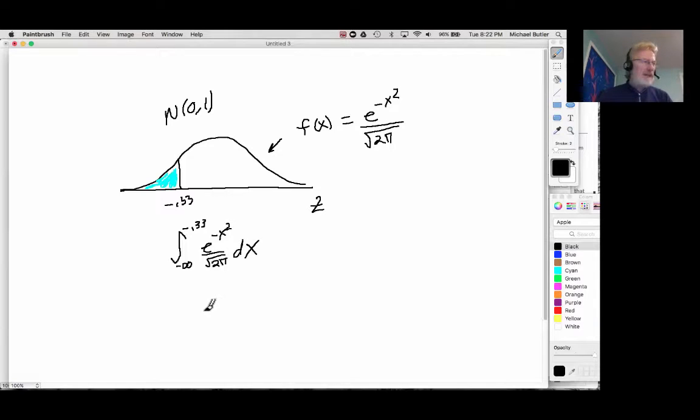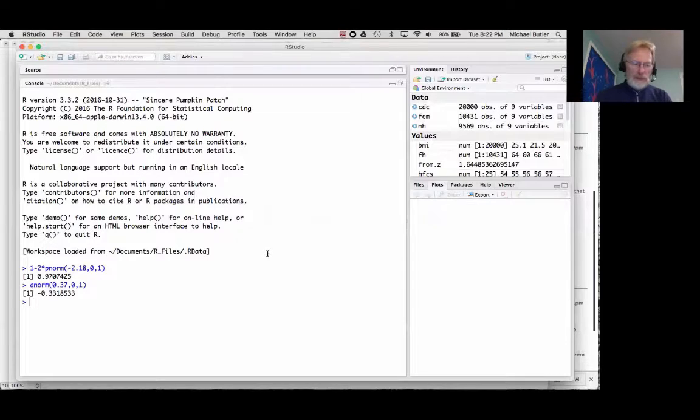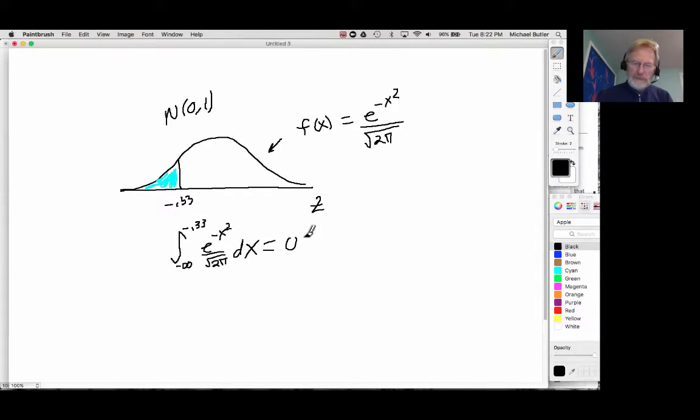And when I evaluate that integral, that's going to give me back this area, which we happen to know is 0.37, because I built this to come out to be equal to that. That is a Calc 2 minimum requirement to be able to understand how to do that.